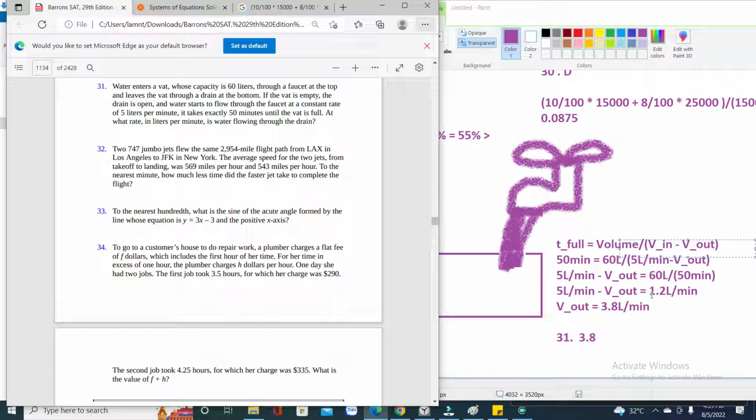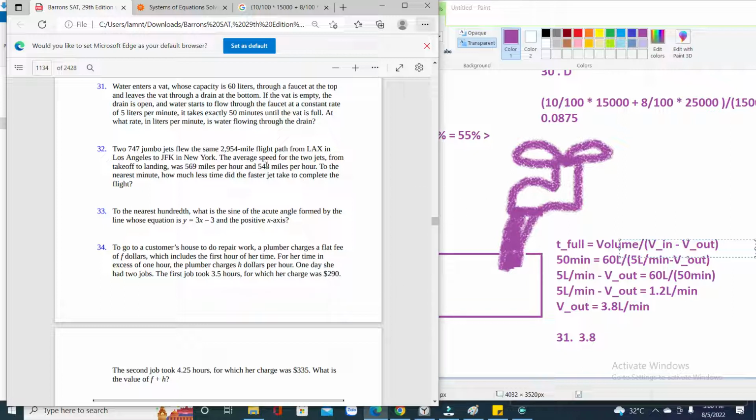The average speeds of the two jets from takeoff to landing were 569 miles per hour and 543 miles per hour. To the nearest minute, how much time did the first jet take to complete the flight?